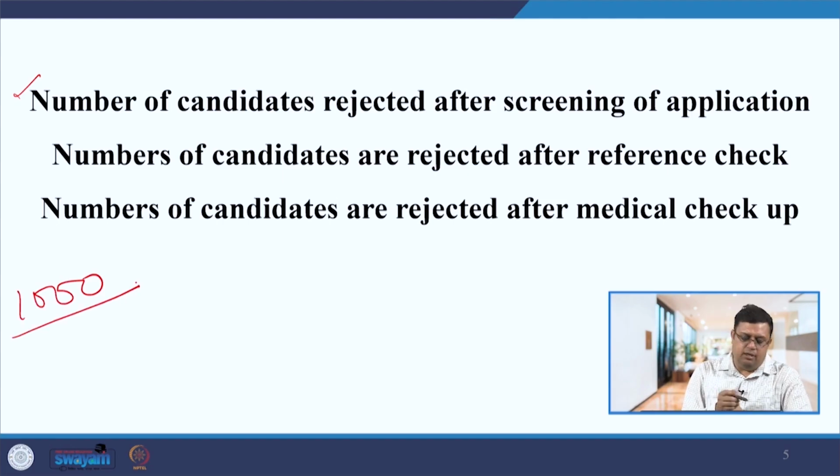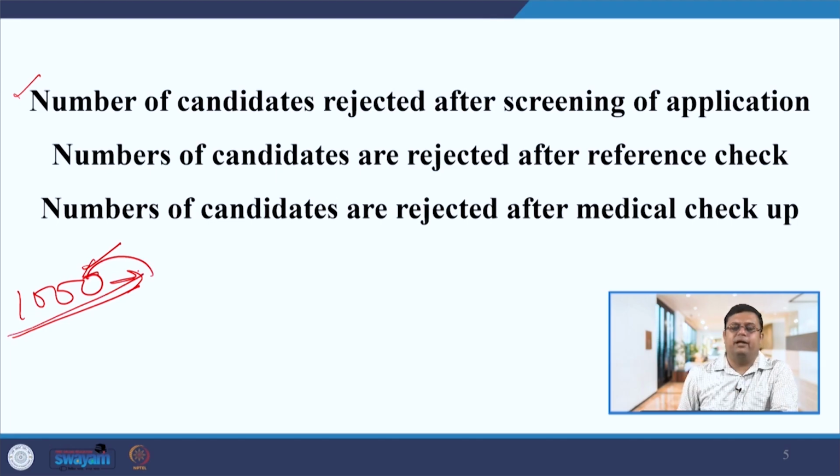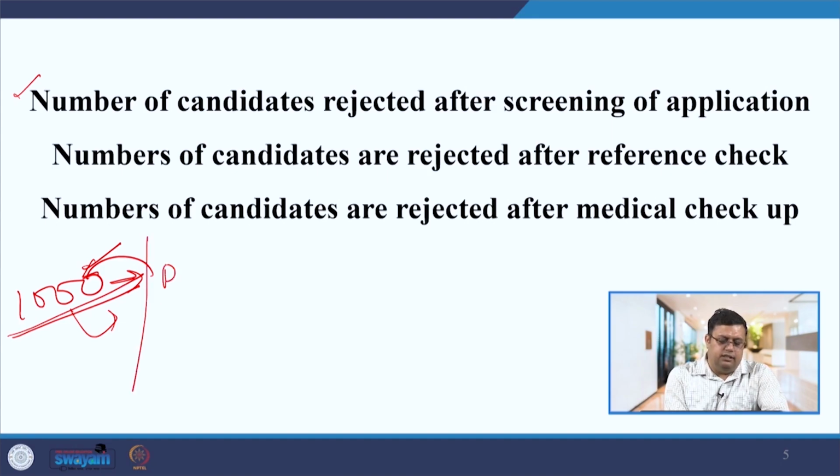I hope you understand the difference between eligibility criteria and screening criteria. These 1000 people fulfill the eligibility criteria, that is why they have applied for this job, but you believe that 1000 is too high.